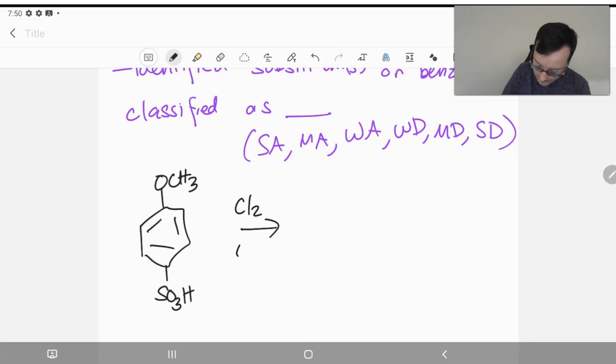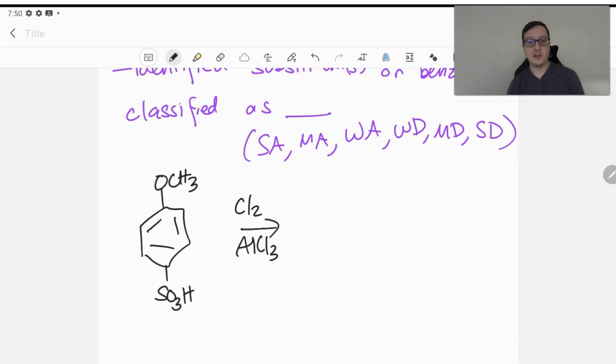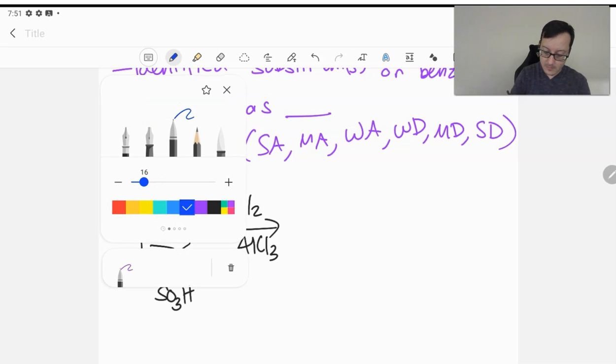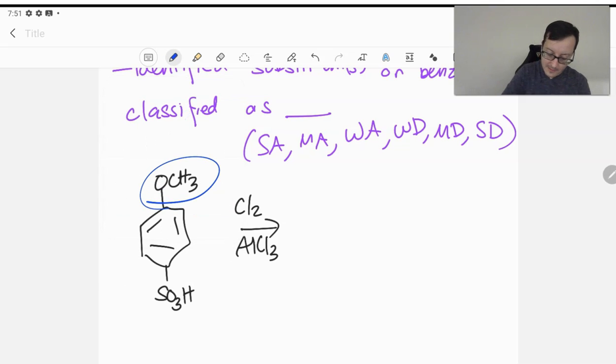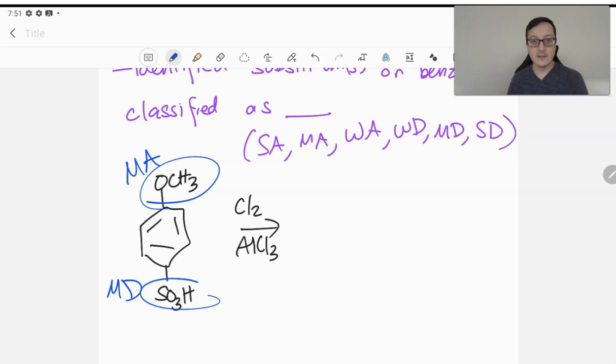Because why not? Let's do a chlorination reaction using our catalyst. When we have multiple groups, what do we do? We see, aha! We have the anisole, or rather the methoxy group. That's a moderate activator. We have the sulfonyl group, sulfonic acid. That's a moderate deactivator. So what happens?